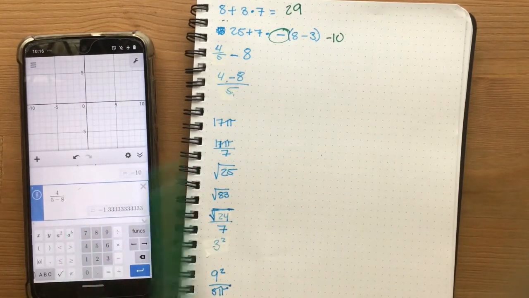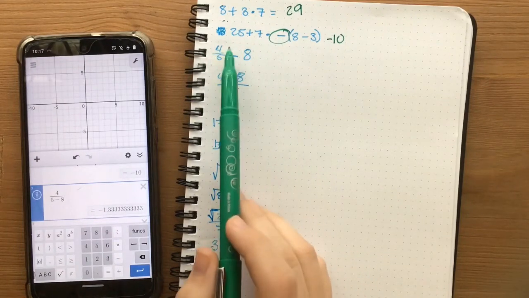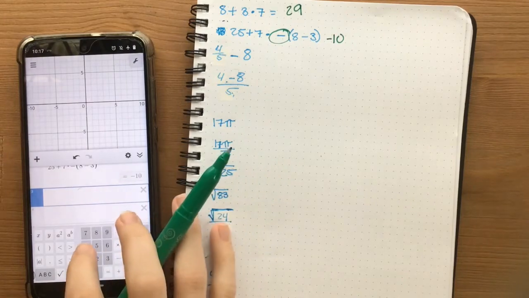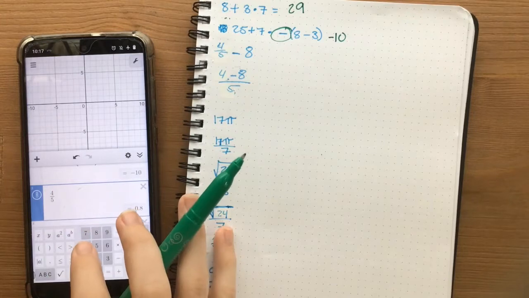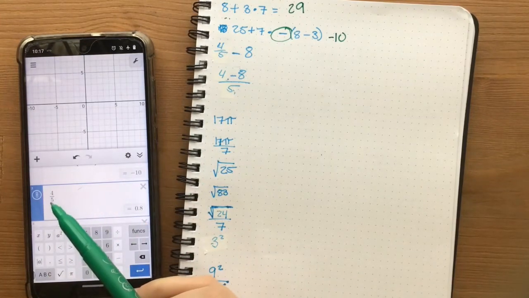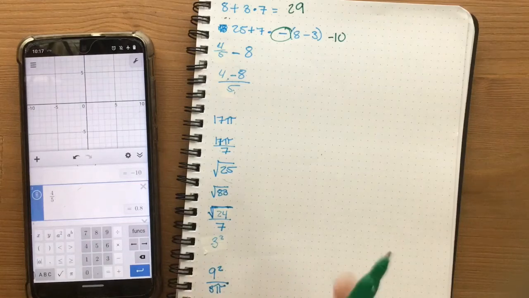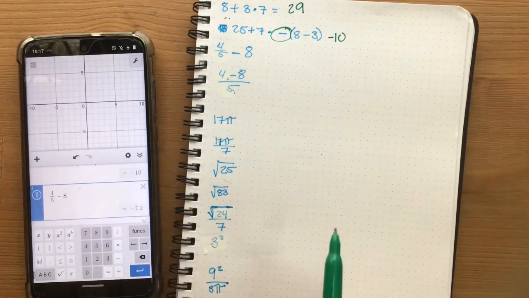And you see how this doesn't look like this over here, right here? So 4 divided by 5 minus 8. So what you need to do, let's start over, 4 divided by 5, and then you need to tap outside, so you see how the blinker went from the bottom to the middle. So 4 divided by 5, and then you tap, and then minus 8.